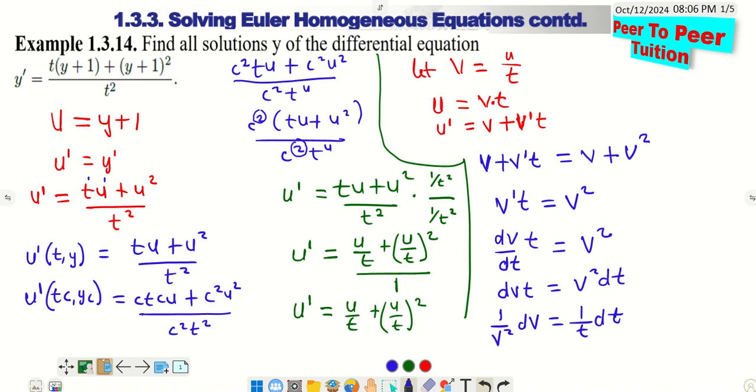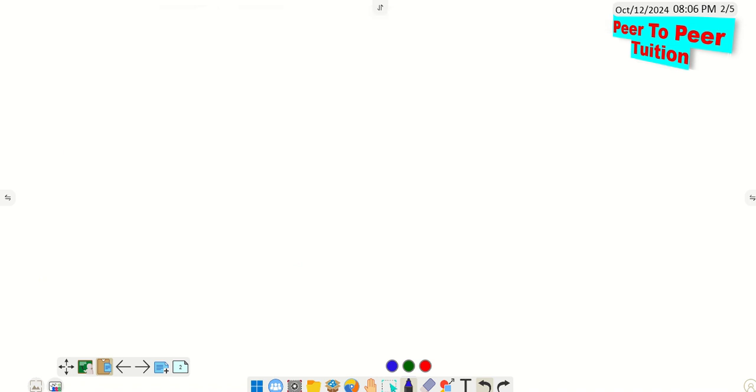So you can see that now all the v's are on the left hand side and all the t's are on the right hand side. We can now integrate this one. So let's move on. We have 1 over v squared dv should be equal to 1 over t dt.